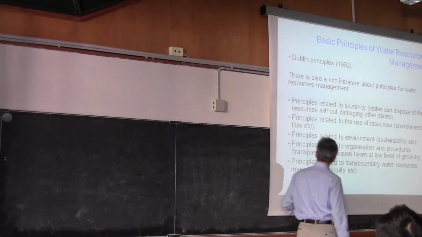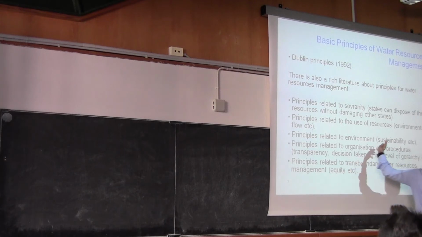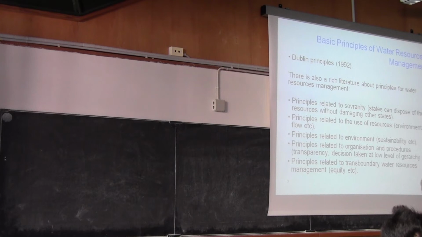Another principle is related to the use of resources. There are a lot of principles that provide a discipline for the use of water with the aim to make sure that the environment is protected.